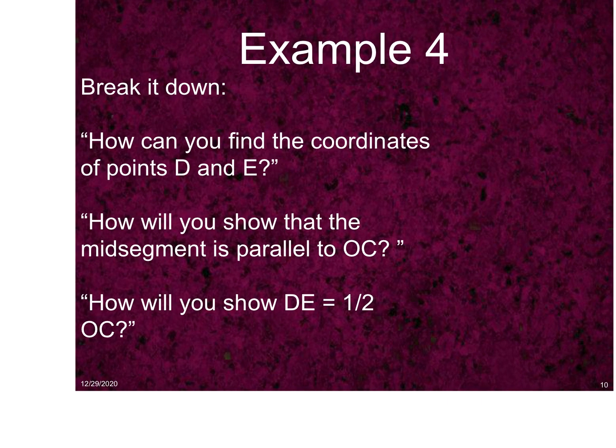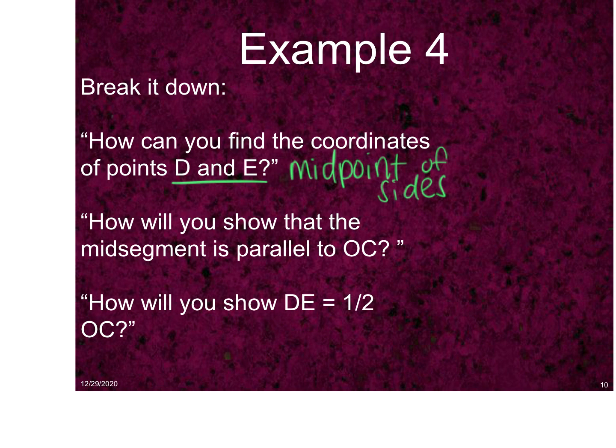How can you find the coordinates of D and E? Both of them are midpoints, so you would find the midpoint of the sides. And then how will you show that the midsegment is parallel to OC?